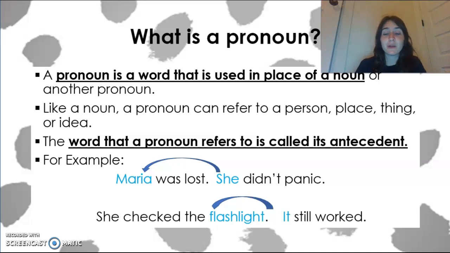So then down below, she checked her flashlight. It still worked. Flashlight is my noun. It is my pronoun. So just like that, it's finding that right word to take the place of our noun when we don't want to keep saying that same noun over and over again. So we're going to keep practicing with these as we continue the lesson today.